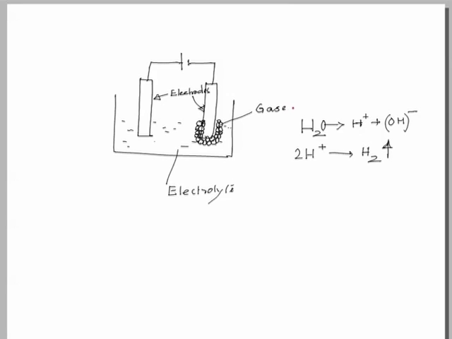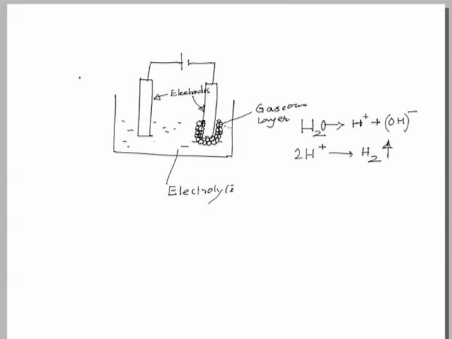So, this is the gaseous layer, which is basically of hydrogen bubbles. Therefore, the working of the cell, which depends on the continuous electrical connection between the anode and the cathode, is disturbed.